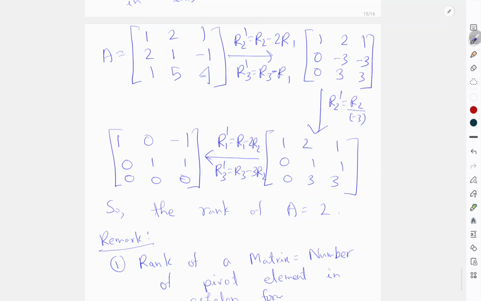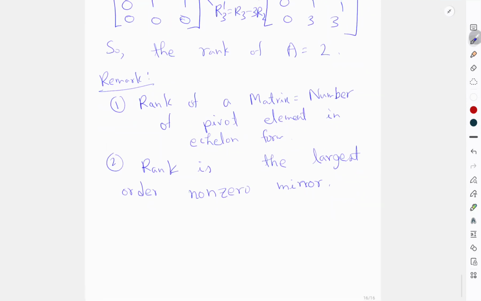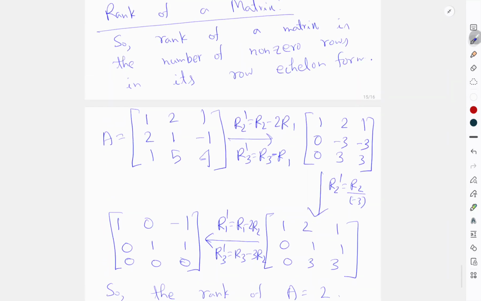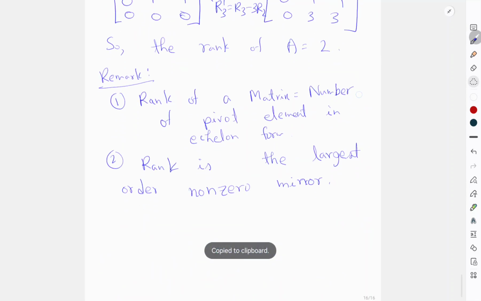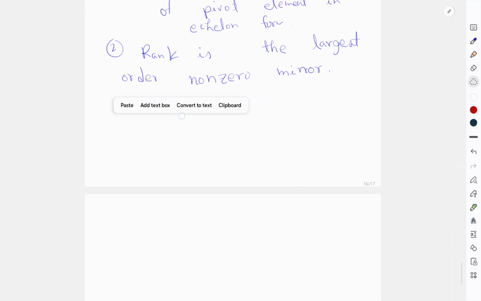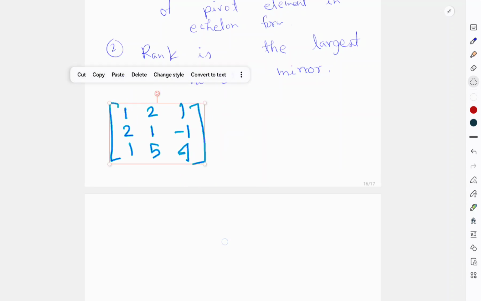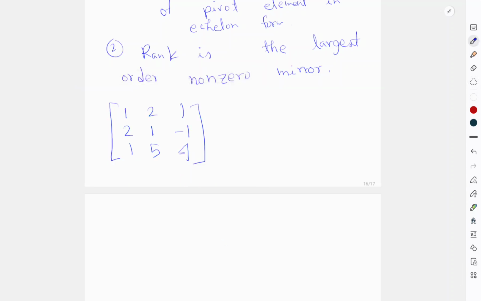Okay, so for example, if you consider this A, this is a matrix. If you say third order minor, that means it will be the whole matrix, right? Third order means 3 cross 3.